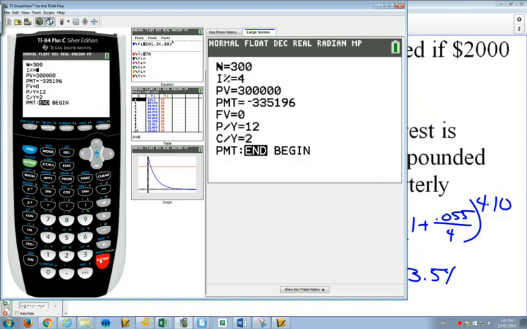Right now, interest rates are about 3%. So we'll start with 3% and see how much it's going to cost you to buy that house. In the future, FV stands for the future value. You want to pay off the house so you don't want to owe any more money. Okay? You're going to make 12 payments in a year, and mortgages in Canada are compounded twice a year.